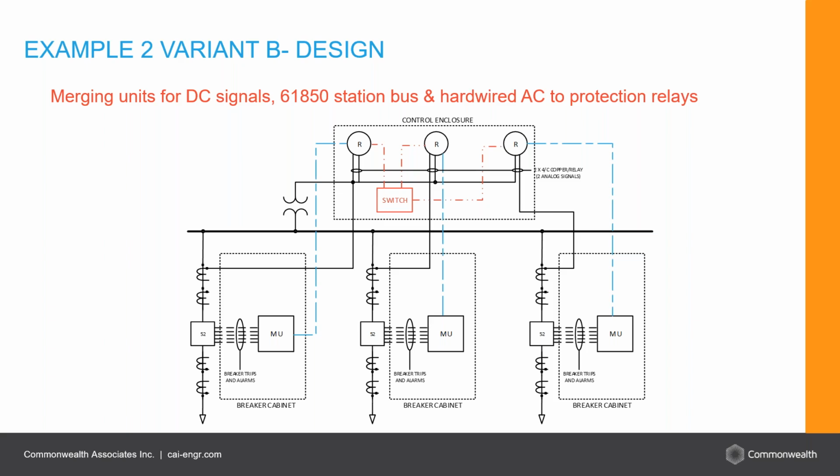However, that does not mean that you cannot mix them with 61850. I have seen some of those product lines in stations where they are using a manufacturer-specific protocol between the merging unit and the relay, and the relay will communicate 61850 on the station bus.